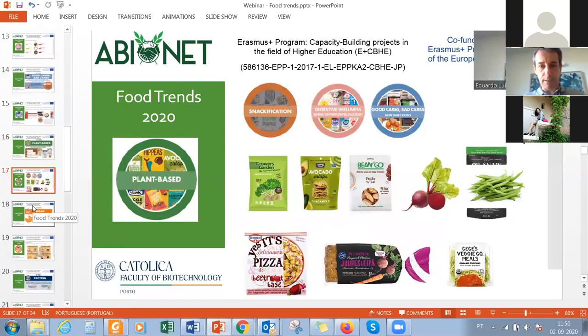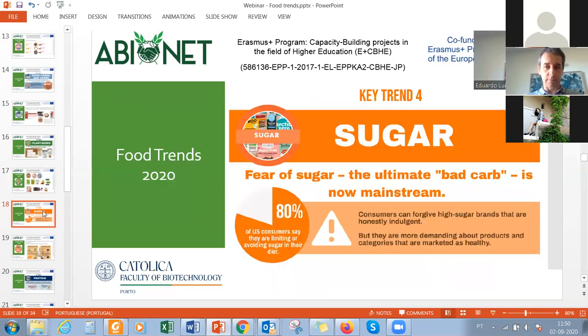This is plant-based, but related to snackification, and they also put sugar apart as a key trend because by itself it is relevant. People want to limit the amount of sugar that they get every day.